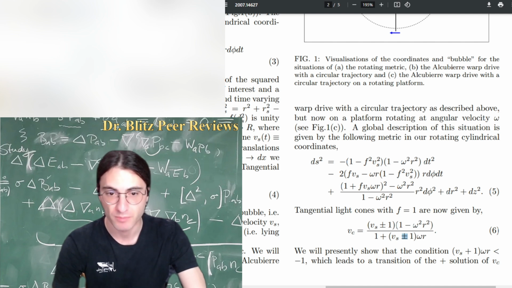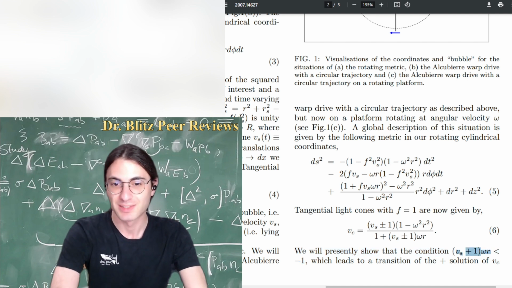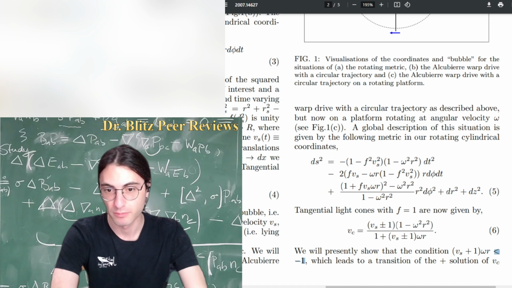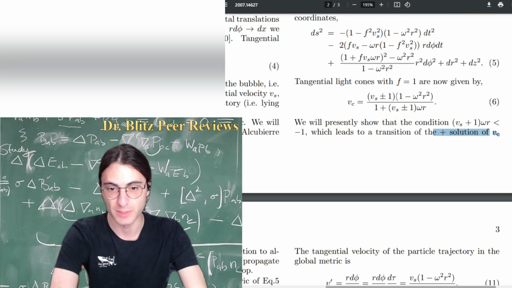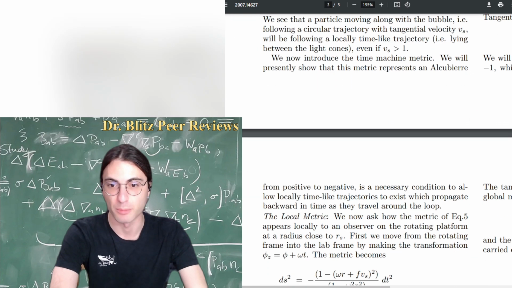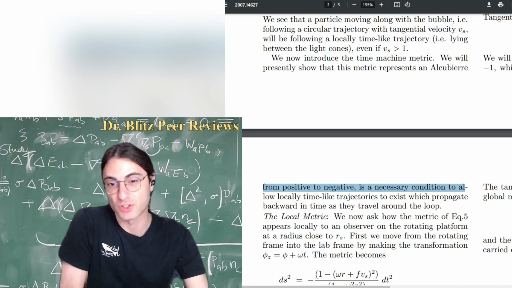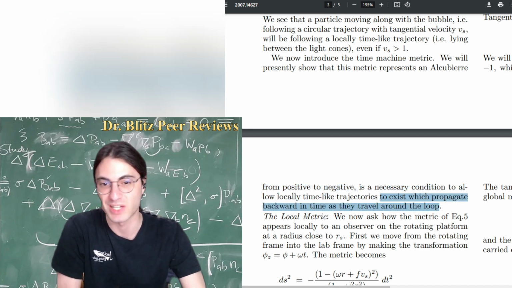Fine, okay. So the point in question, I guess, is they're going to show that the condition v sub s plus 1 times omega r, which is down here, if that's less than minus 1, this leads to a transition of the plus solution of v sub c, this speed of light, from positive to negative, is a necessary condition to allow locally time-like trajectories to exist which propagate backward in time as they travel around the loop.